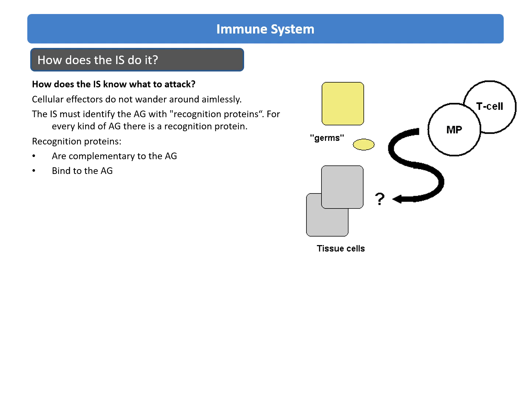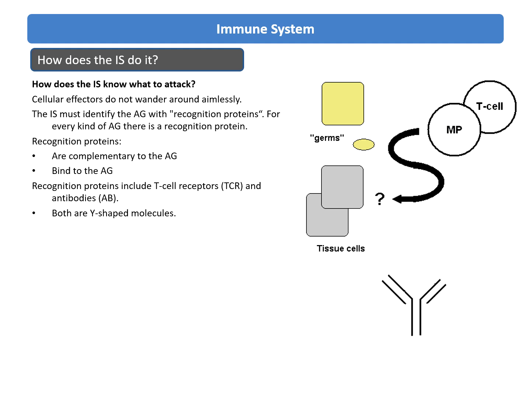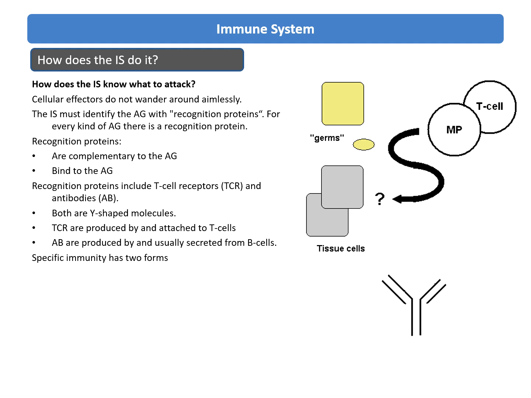They bind to the antigen. They include T cell receptors and antibodies. Both are roughly Y-shaped molecules. T cell receptors are produced by and attached to the T cells. Antibodies are produced by and usually secreted from the B cells.